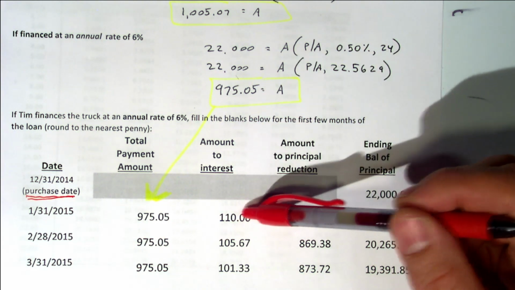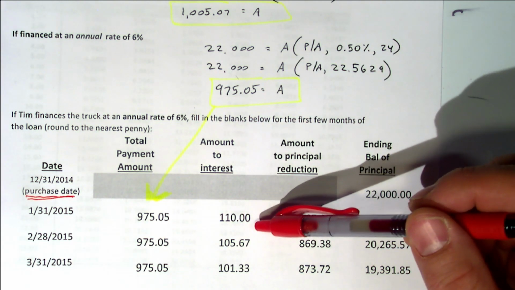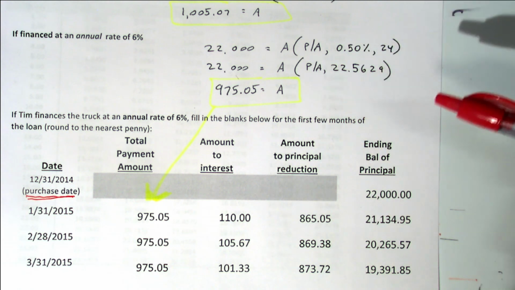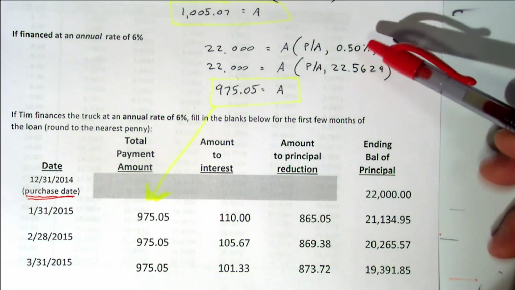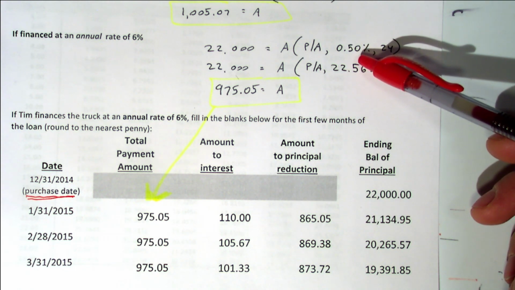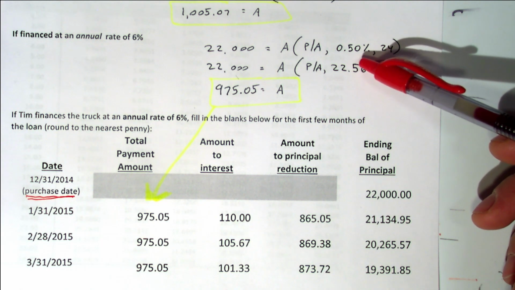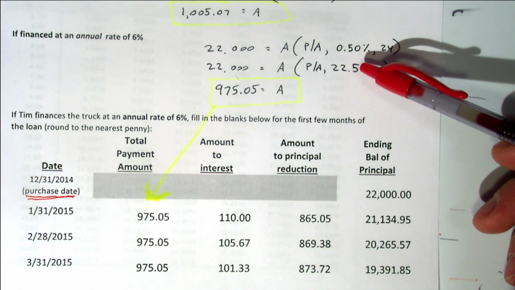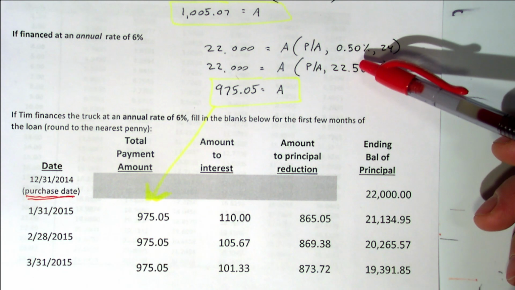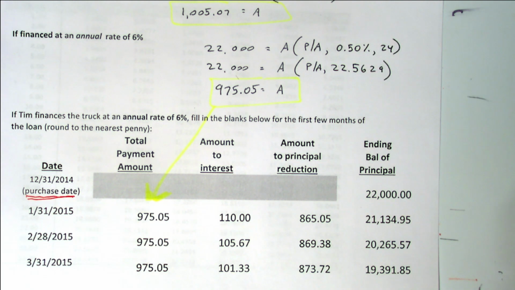How do we get the amount of interest? Well, we take the monthly interest rate, which again is 0.50%, and if you entered that on your calculator, that would not be 0.5 or 0.05. That would be 0.005, correct?